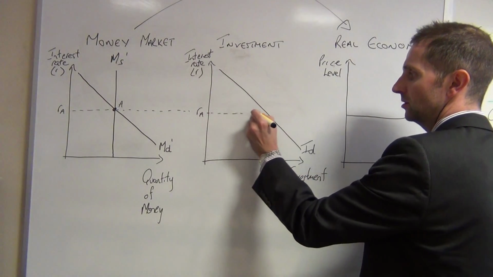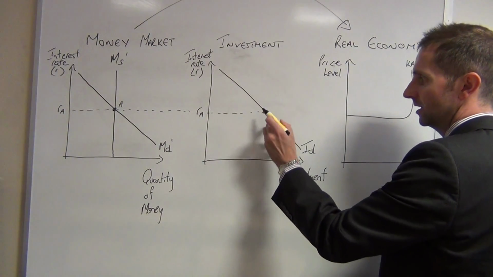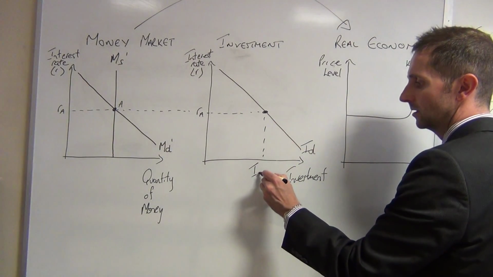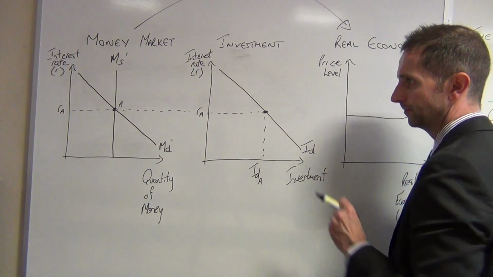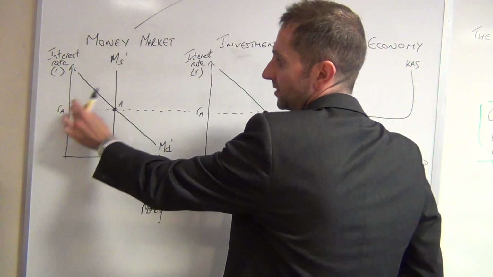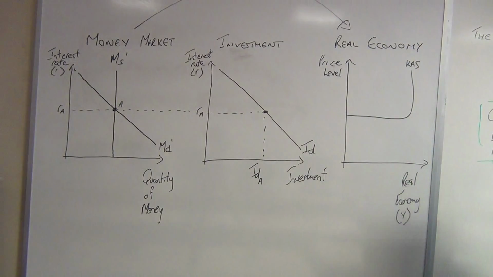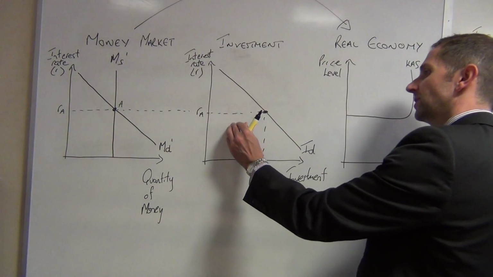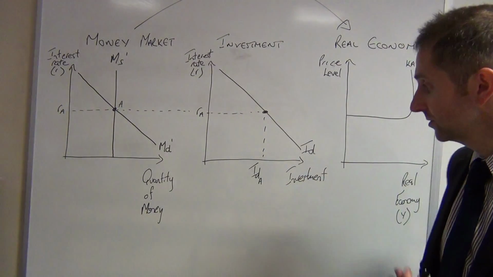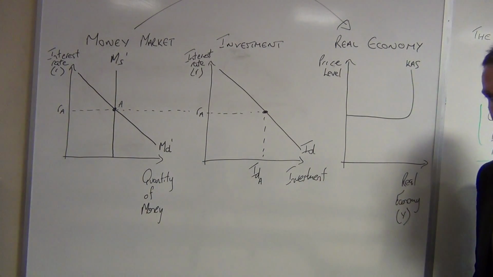And again, we continue across until we touch the investment demand curve and take that down to, and we can call that IDA. So we can say that a level of interest RA, which is determined by the money market, brings forth a level of investment which is equivalent to IDA.